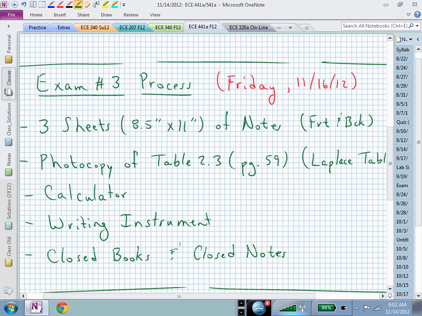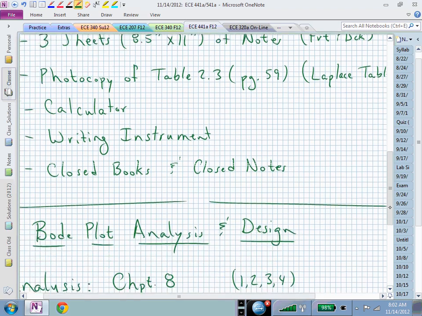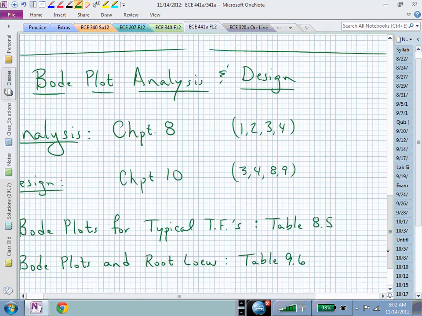Also, you can have a photocopy of table 2.3, which is the Laplace transform table. I think somebody forgot it last time, but I'm hoping that you don't forget that if you need it. Calculator, closed book, and closed notes otherwise.